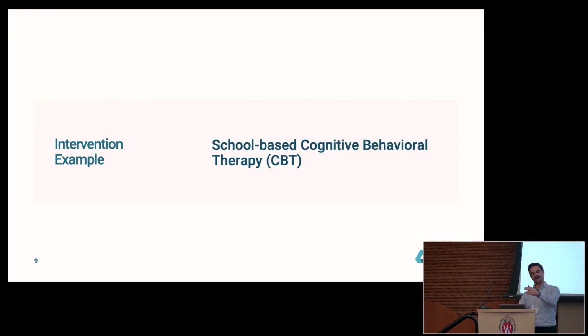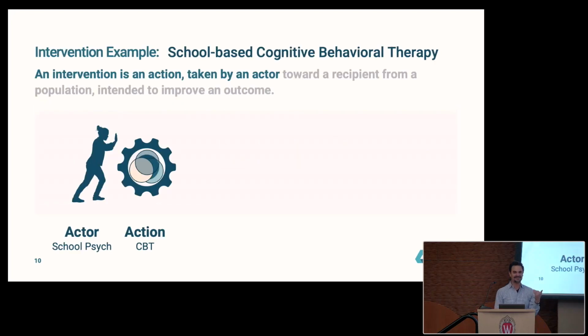This is based on a study that I did with Amy. You're going to hear more about this study later. Right now, I'm just going to show you the example with some pictures. So here it is, right? I'm going to put these words to action. Intervention is an action taken by an actor. And on this picture, you see the school psychologist. That's the actor taking the action. The action is offering CBT, getting the kid into the room, engaging the kid into the room to do the CBT.